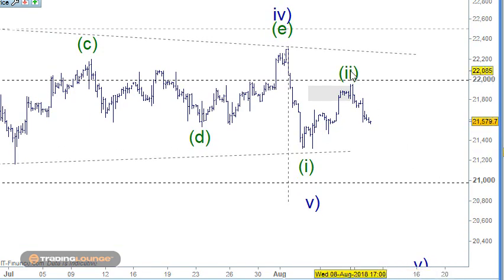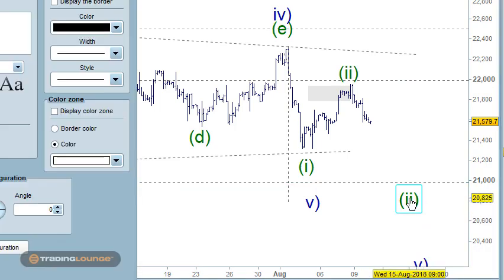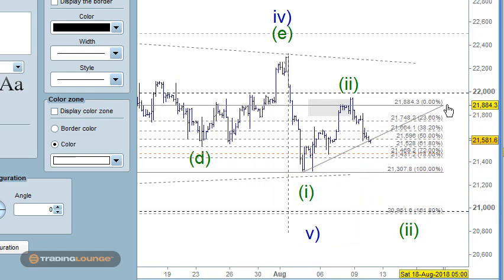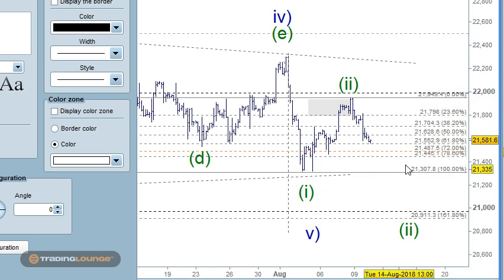So if I can just copy this, we would look for wave 3 to come down lower, and so on. Now, one of the points here that we need to understand is that from this low to this high here, we're right on the 61.8% mark here.